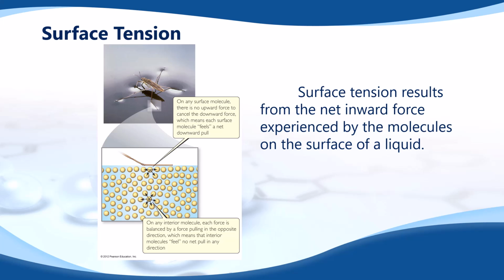Now, at the surface, the water molecules will pull against each other, going side to side and going down, but there's nothing up, really, for them to pull against. So what that means is that the water surface will tend to form this kind of skin that very small objects can actually sit upon. So insects, for example, are very adept at being able to sit on water.